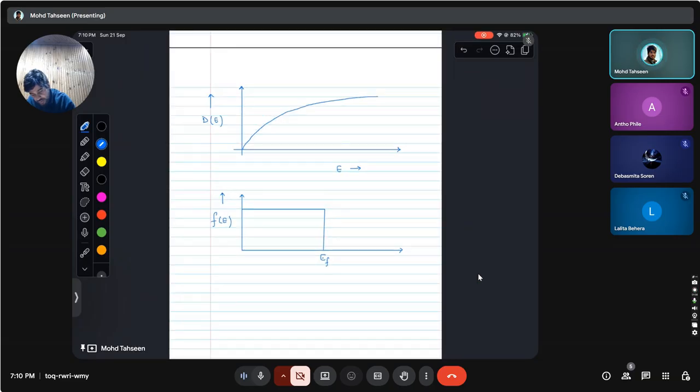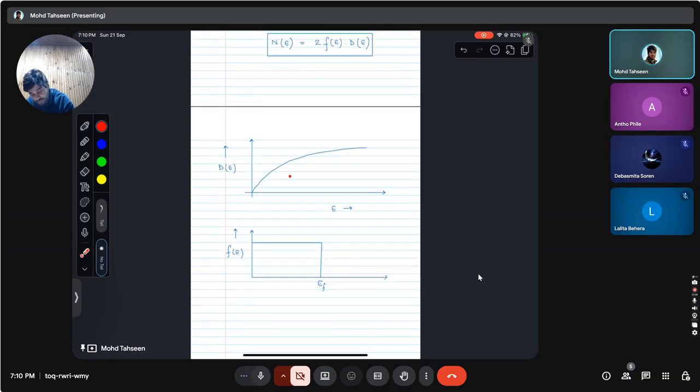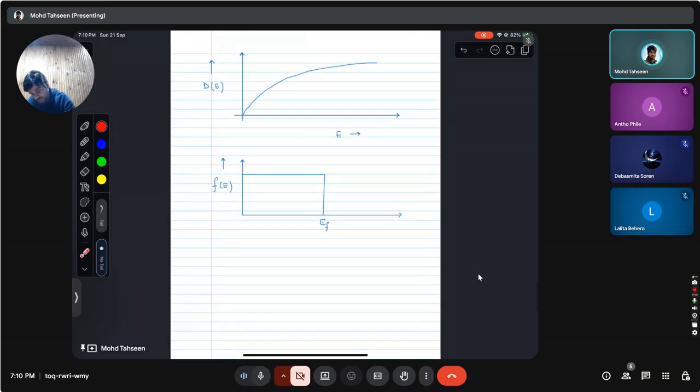So if I have to evaluate the number of occupied states, I just have to take the product of these two graphs. It's not hard to see what that product would look like.